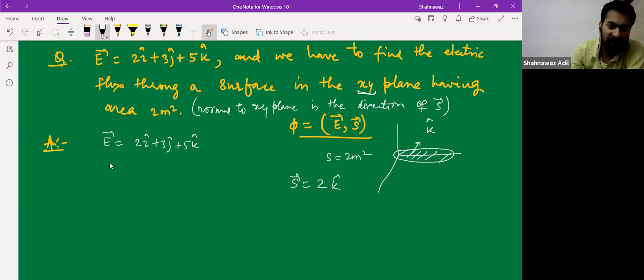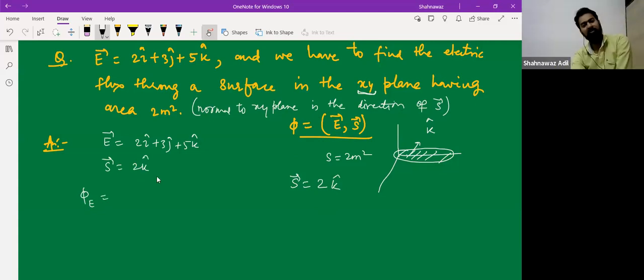Now again, if you have this vector, what will be phi e? Calculate and tell me.